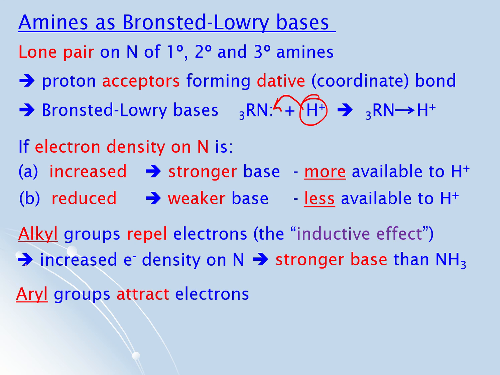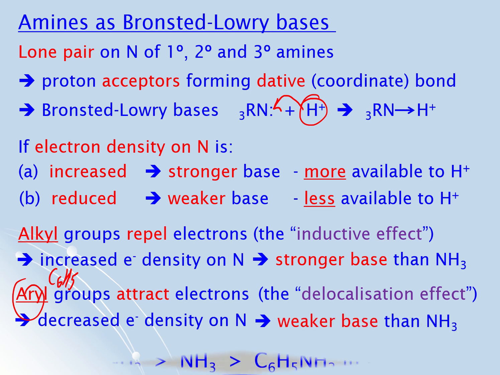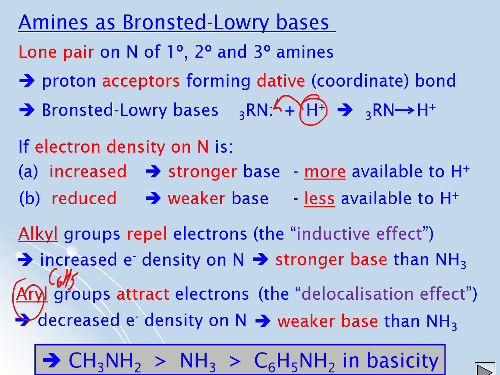Aryl groups, being benzene groups, so C6H5 type groups, attract electrons towards themselves. This is called the delocalization effect, and that decreases the electron density around the nitrogen, making it a weaker base than ammonia.